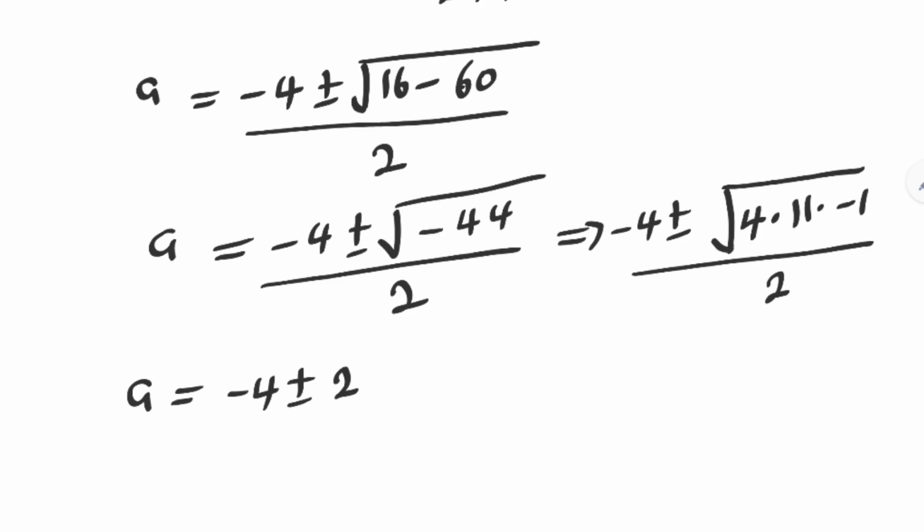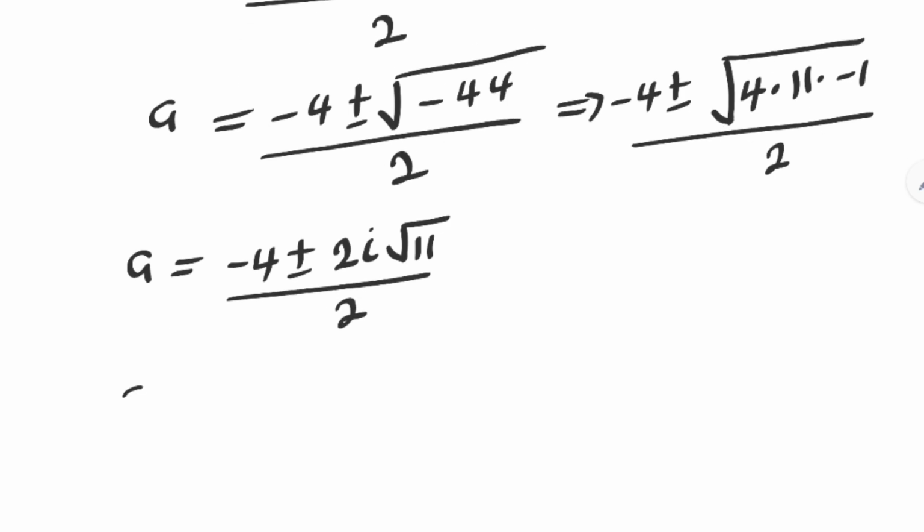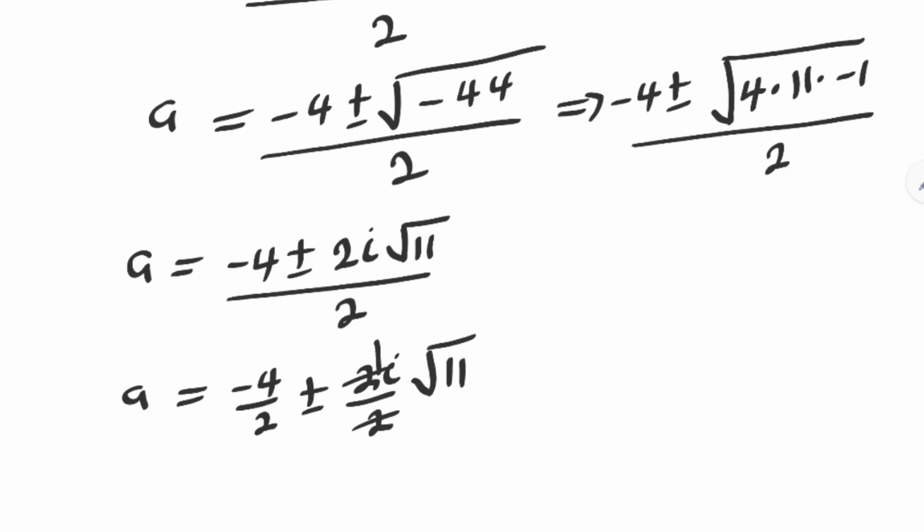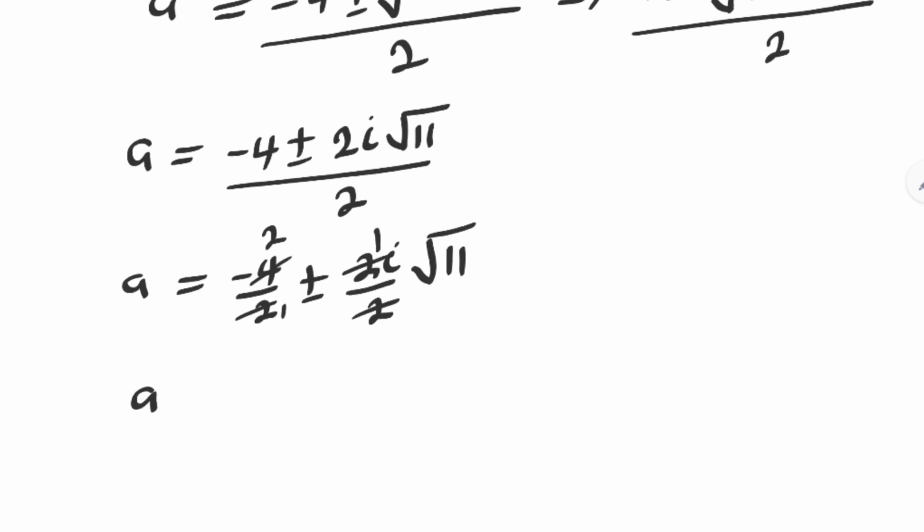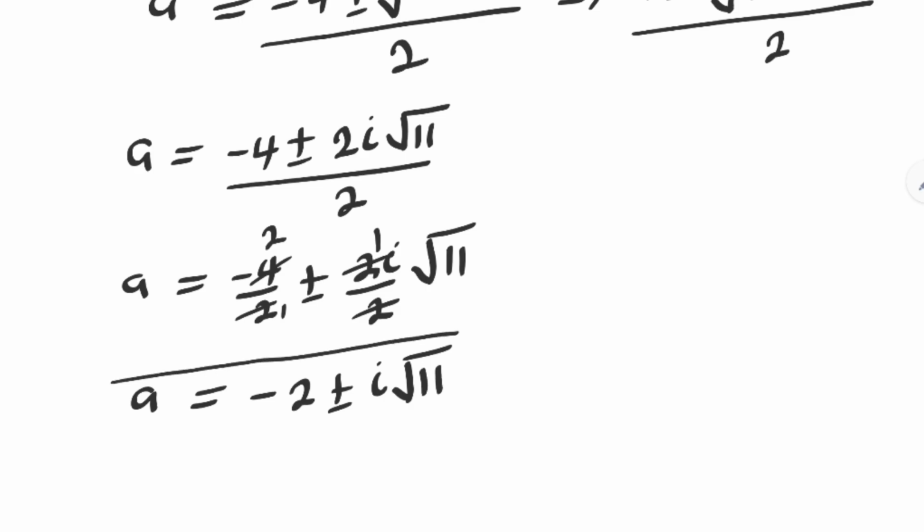Square root of minus 1 is i, then root 11 over 2. a is equal to minus 4 over 2 plus or minus 2i over 2 root 11. Dividing by 2, a is equal to minus 2 plus or minus i square root of 11. These are other values of a.